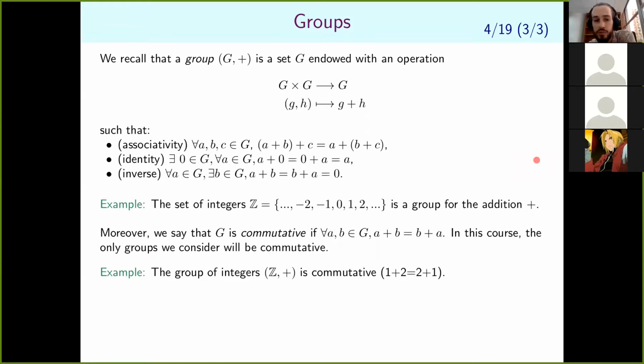We say that a group is commutative if the order of the elements in the operation is not relevant, if for every 2 elements A, B of your group, A plus B is the same as B plus A. The group of integers, of course, is commutative. 1 plus 2 is equal to 2 plus 1.